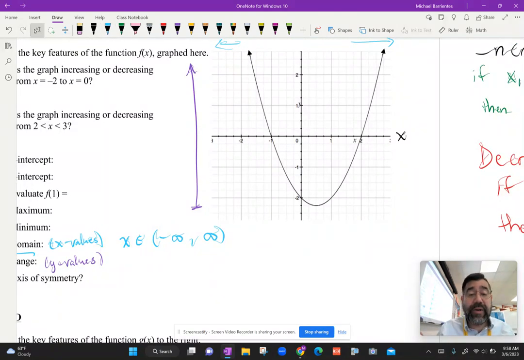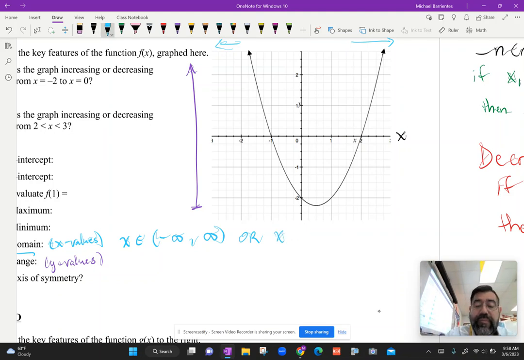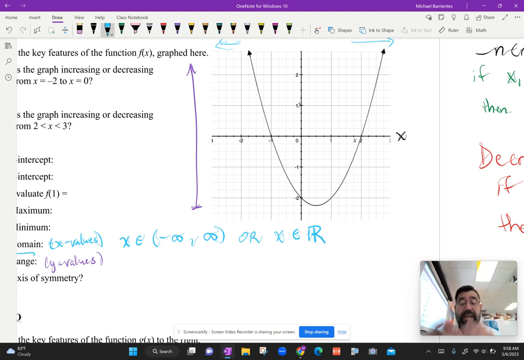The graph exists everywhere. And so some people even say this, x is a part of all real numbers, meaning any x value that you can think of, the graph exists there. I know that because I'm looking at the graph, and you can pick this x value, and the graph is there. You can pick this x value, and the graph is there. Because the graph keeps going out, any x value that you pick will hit the graph on that location.